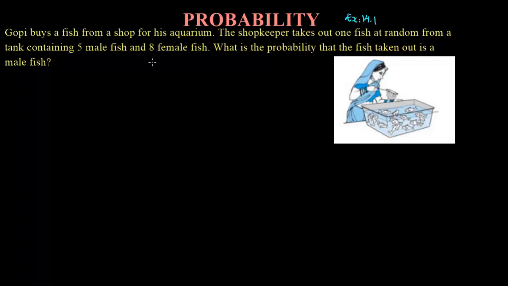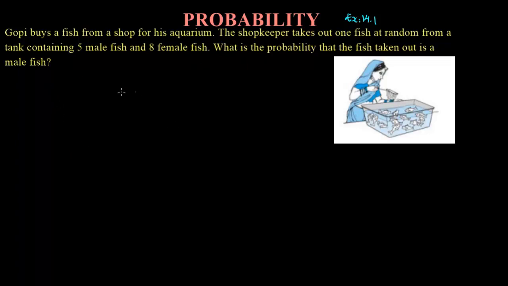So in that aquarium there are 5 male fish and 8 female fish. So what is the probability that the fish taken out is a male fish? They have given you the number of male fish and female fish, and they are asking you to find the probability of the male fish, right?